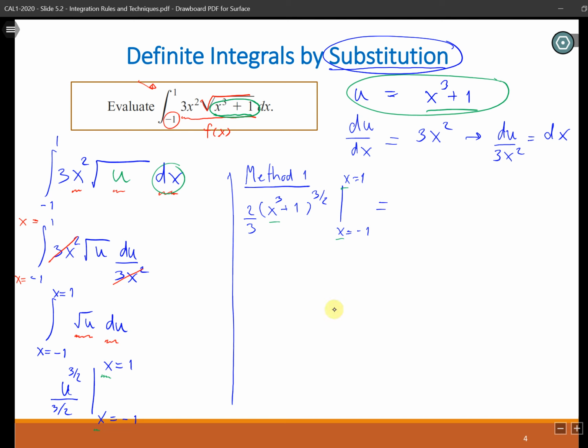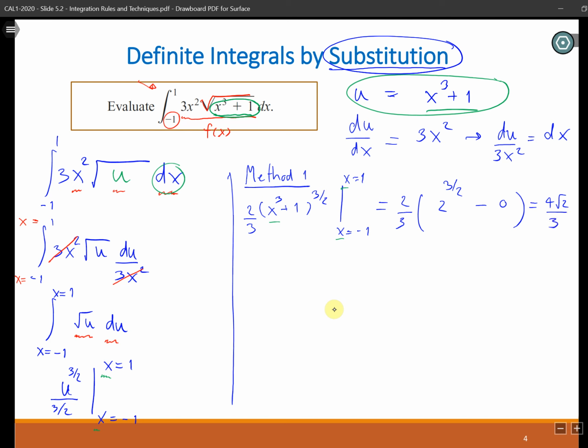Okay, 1 goes in, I can put 2 over 3 right here, and it becomes 2 to the power of 3 over 2. Minus 1 goes in, this becomes 0. So in the end, I have 4 square root of 2 divided by 3.